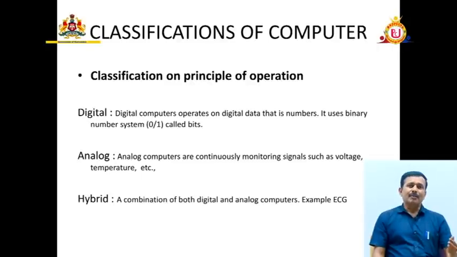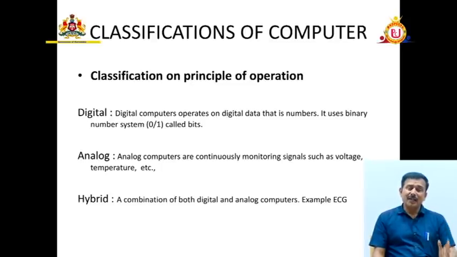ASCII means American Standard Code for Information Interchange. I'll repeat again. American Standard Code for Information Interchange. It's a standard code. Americans found out this code. From this code, we can convert high level language into machine level language, computer understandable language.